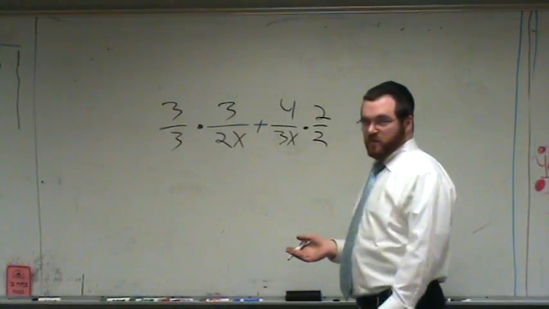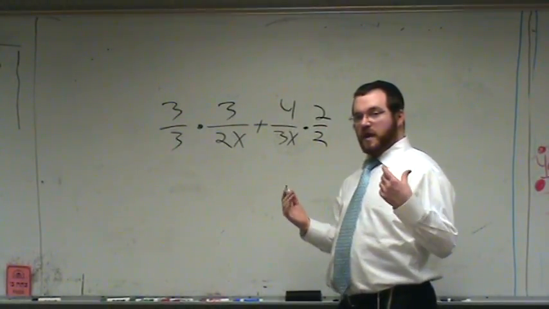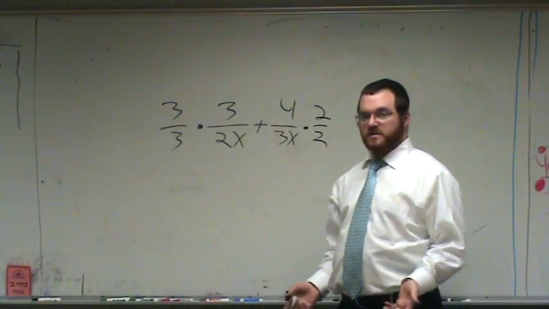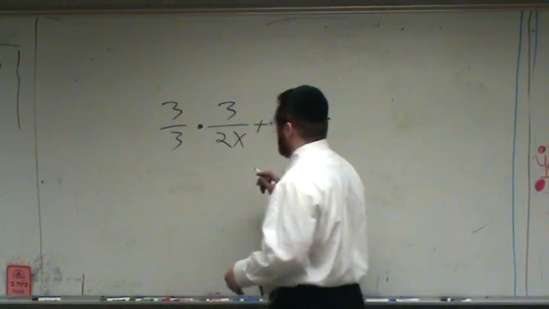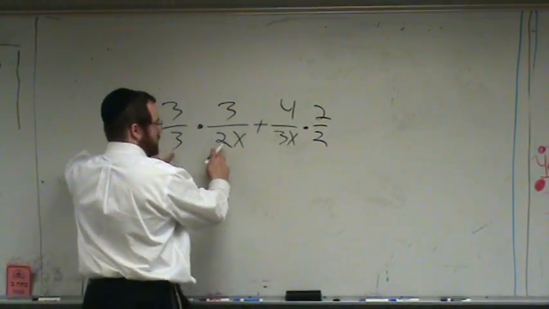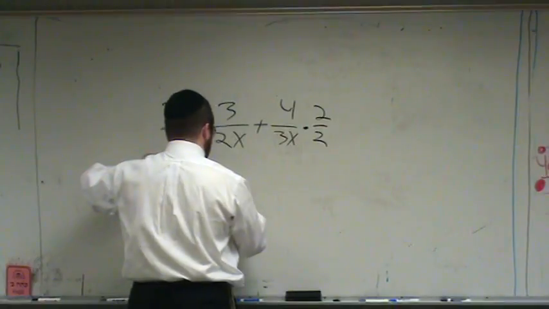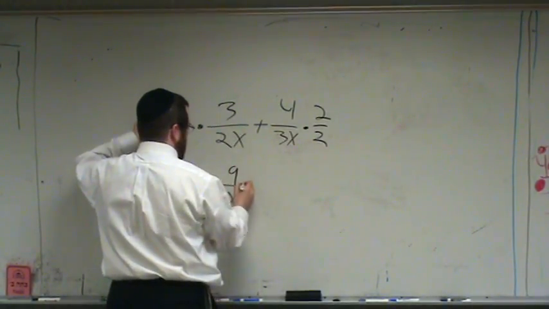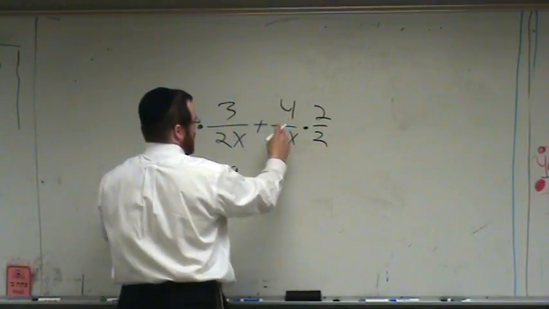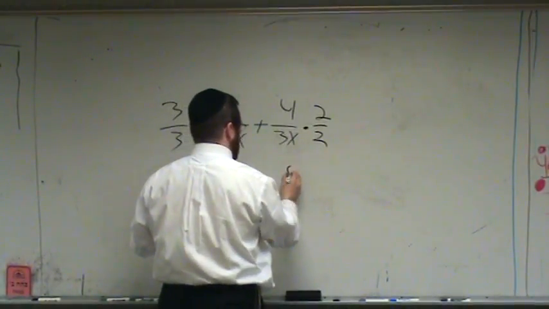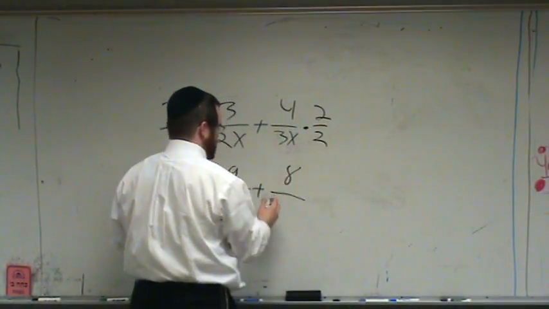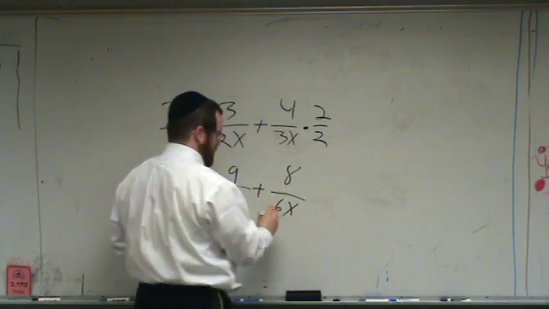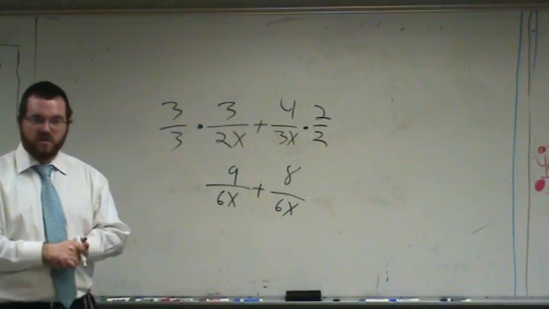So, 3 times 3 is 9 over 3 times 2x is 6x, plus 4 times 2 is 8 over 2 times 3x is 6x. Now you have a common denominator, you can solve it.